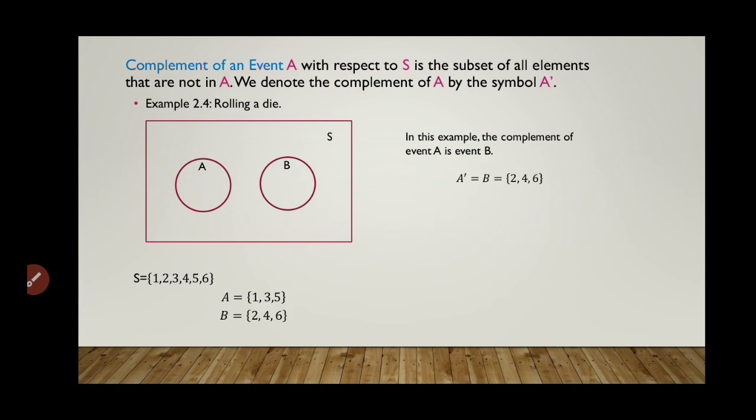So, dun sa event ng pag-roll natin ng die, kung ano yung meron kay A, which is 1, 3, and 5, yung magiging complement niya is si B, di ba? Which are 2, 4, 6 na element. Therefore, yung complement ng event A is si event B.